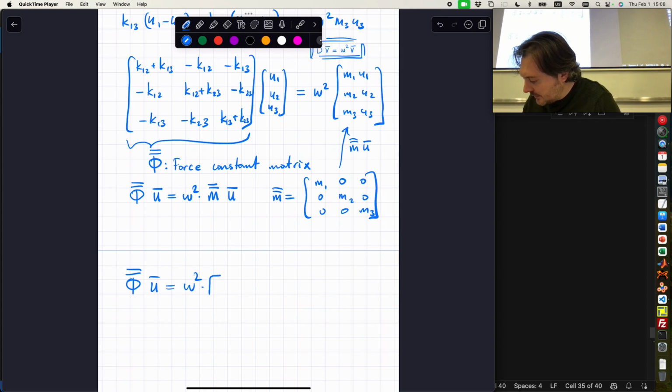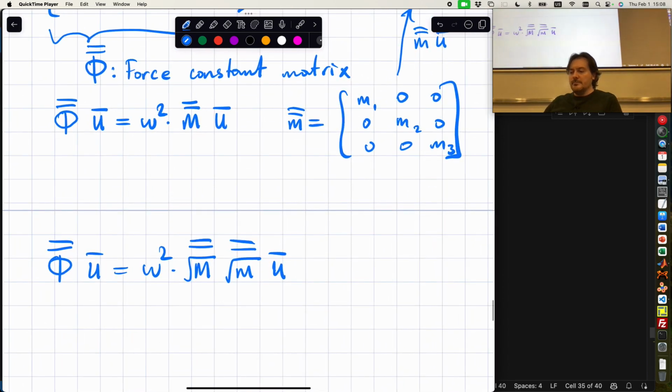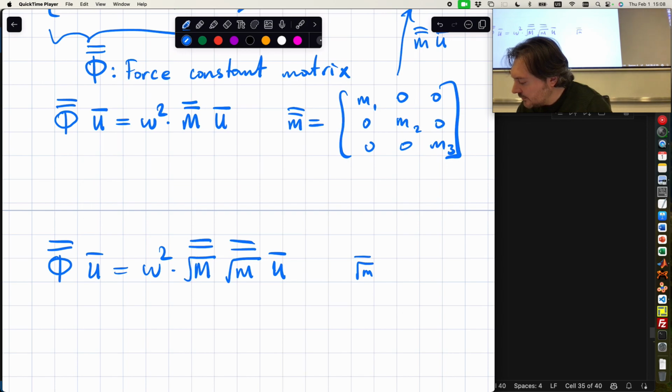Let me write something like this, square root M matrix, or square root of the M matrix. I don't know which one I prefer. Okay, let me go with this one. Can I do this? Yes. And what is square root M matrix? In this case, 0.5 square roots. In this case, it's just this one, right? Because it's diagonal.